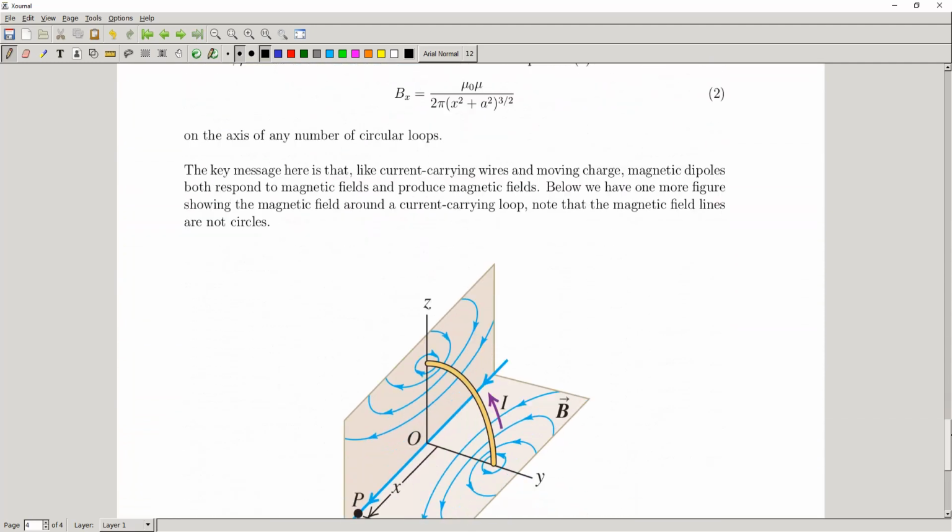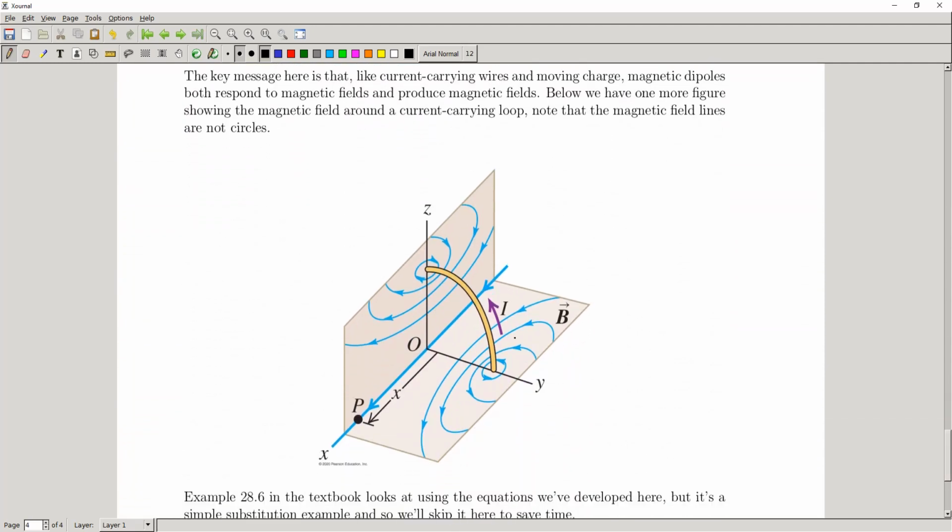Okay. So that is what the magnetic field looks like around our current carrying loop, and we could imagine stacking a bunch of these loops tightly together and getting a much stronger magnetic field, right? The last takeaway from this is to note that these field lines are not circular, like they would be around a straight wire.